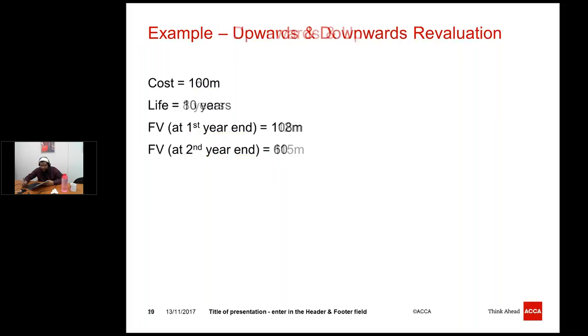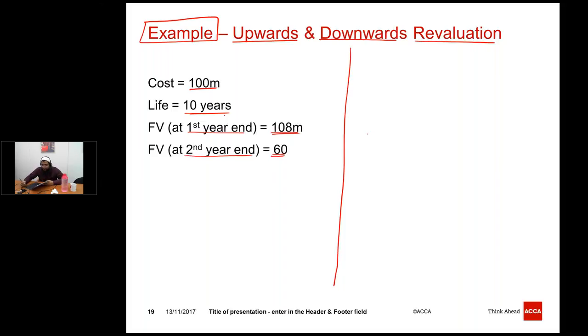Okay, so now let's start the answer. The cost of the asset was 100. The depreciation is going to be 100 divided by 10 years, which is 10, and the net book value is 90 before revaluation.